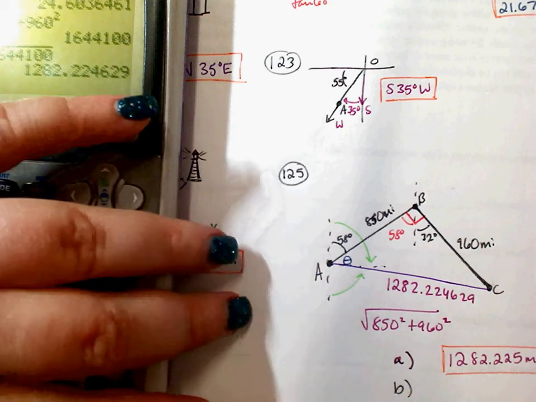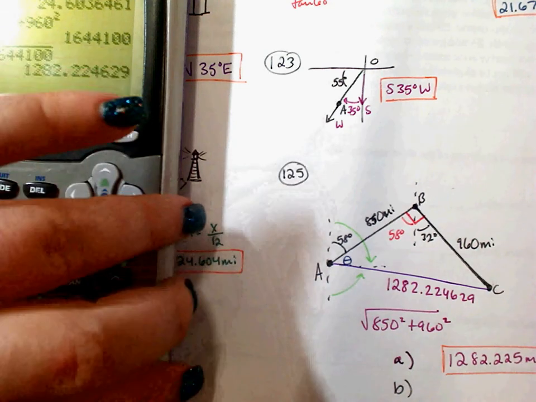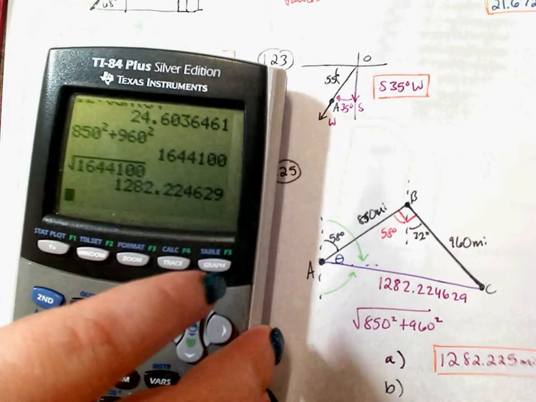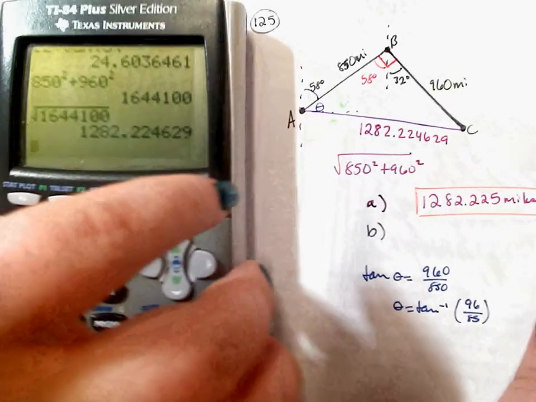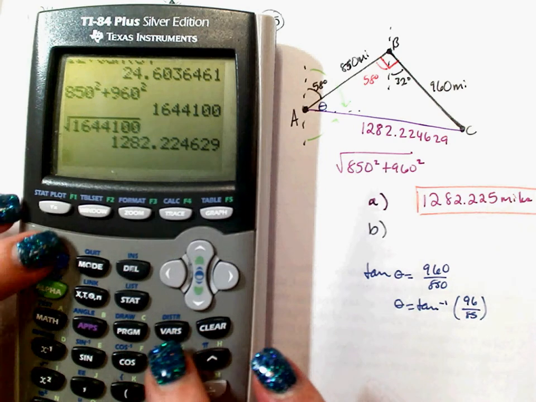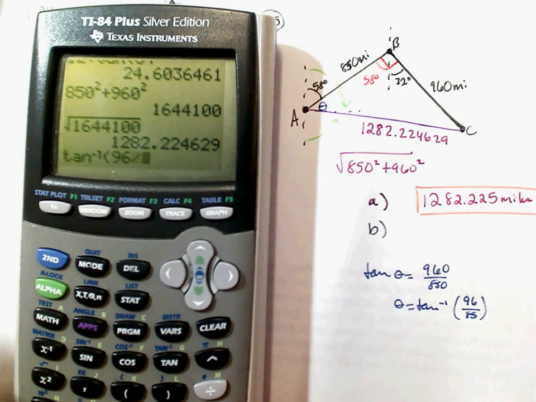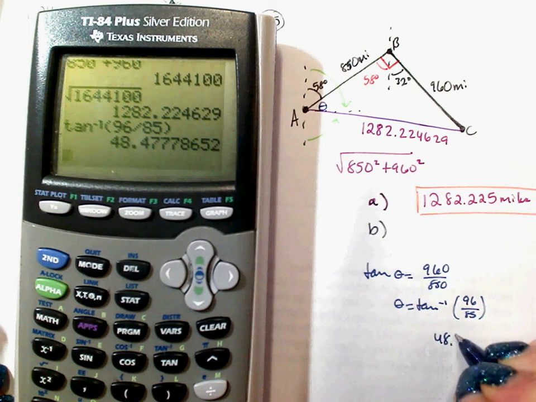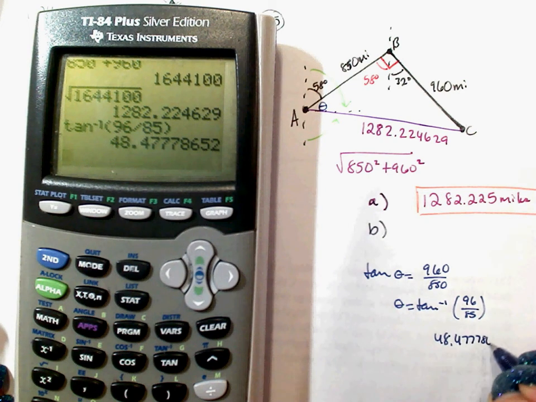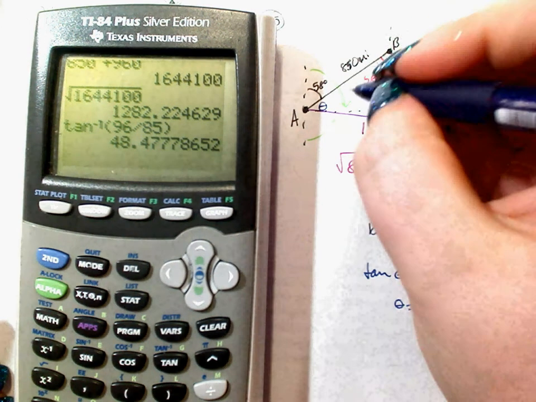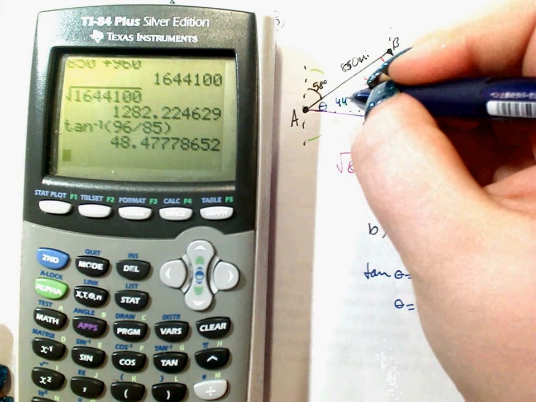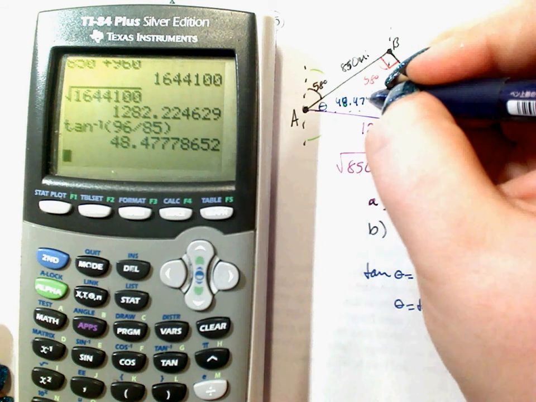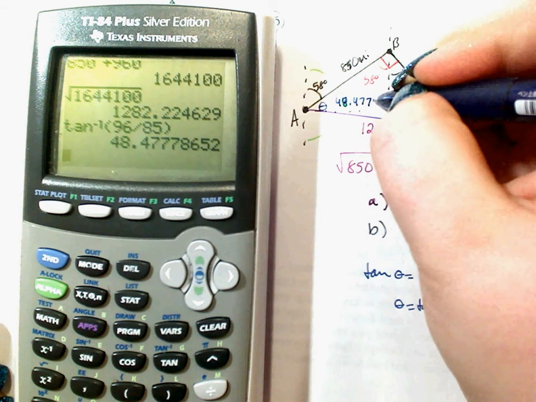Tan inverse of 96 divided by 85, and you get 48.47786 degrees. So, 48.478, might as well, because we're not going to do anything with it.